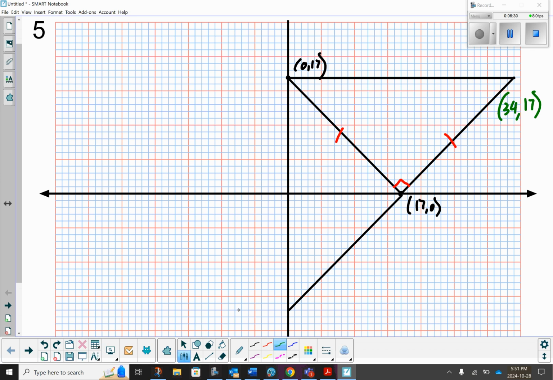This is actually the point (0, -17). And again, that'll be isosceles because I'm doing the perpendicular slope. The one's got a slope of +1, the other one has a slope of -1. They're perpendicular.